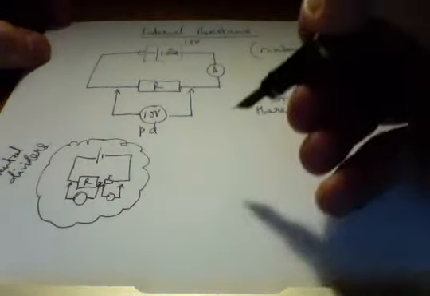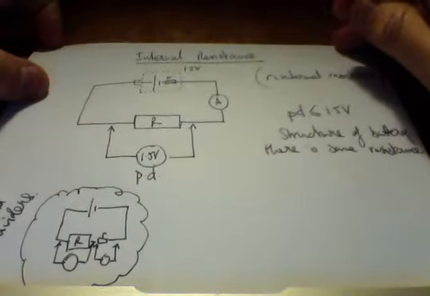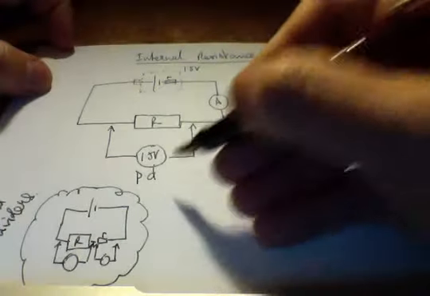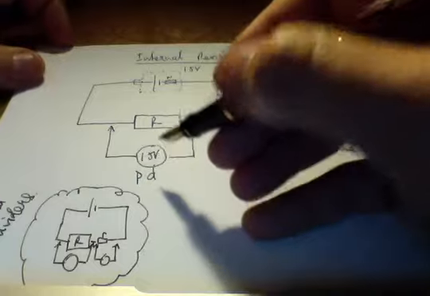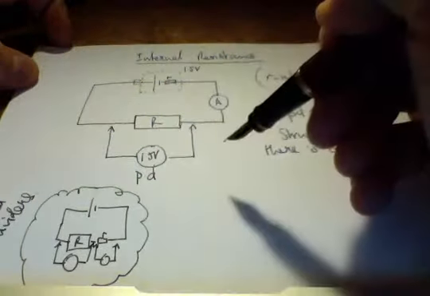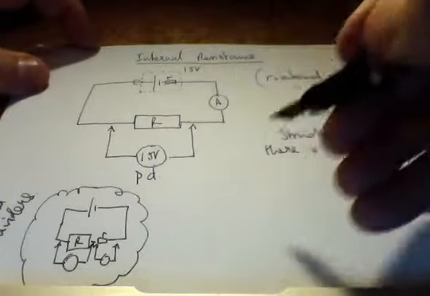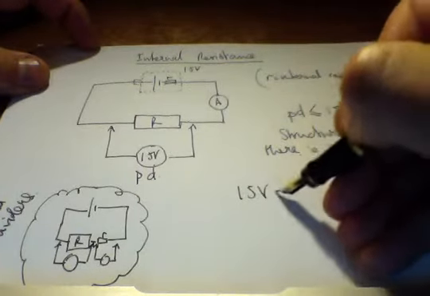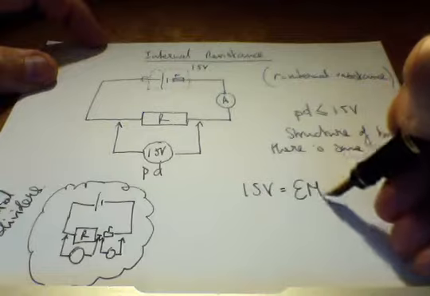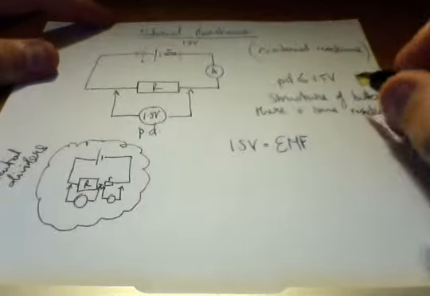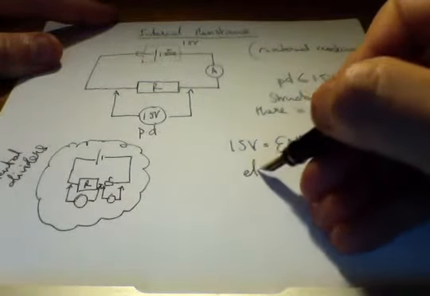Okay, good. So let's use some terms here. The potential difference is really important this time, because now it's telling you how much is being deposited over the resistor. This 1.5 volts that I mentioned before is known as the EMF, or the electromotive force.